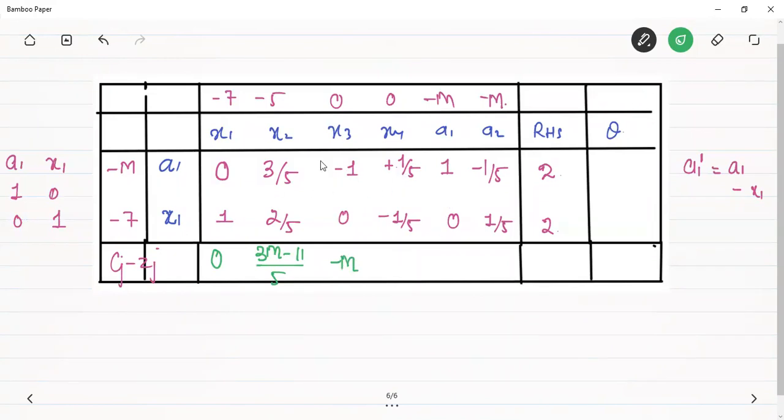When you multiply these and subtract 0, you will get m minus 7 by 5. Here we will get 0, and here we will get 7 minus 6m by 5.